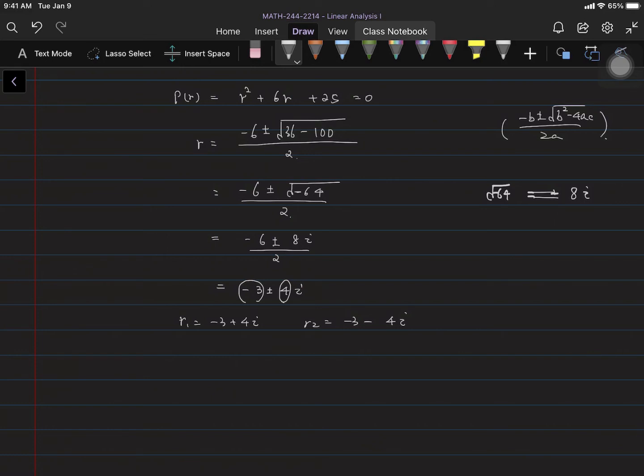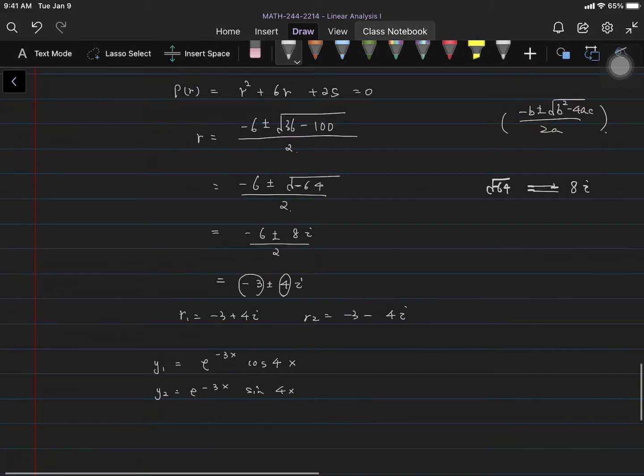So our general solution should be what? y1 should be e^(-3x) cos(bx), which is e^(ax) cos(bx), and e^(-3x) sin(bx).